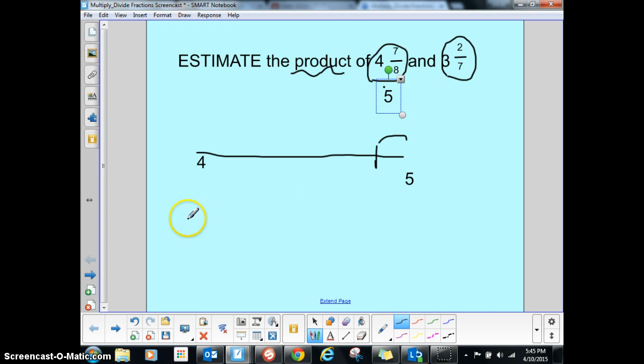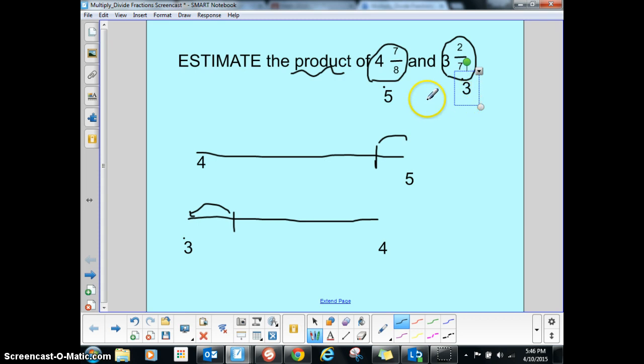Now 3 and 2/7, I'm going to think about on its number line between the number 3 and the number 4. I know that 2 out of 7, so if I cut that number line into 7 parts, then 2 out of 7 parts would probably be around here. So that's going to be a whole lot closer to the number 3 than it is the number 4. So I'm going to change that 3 and 2/7 to the number 3.